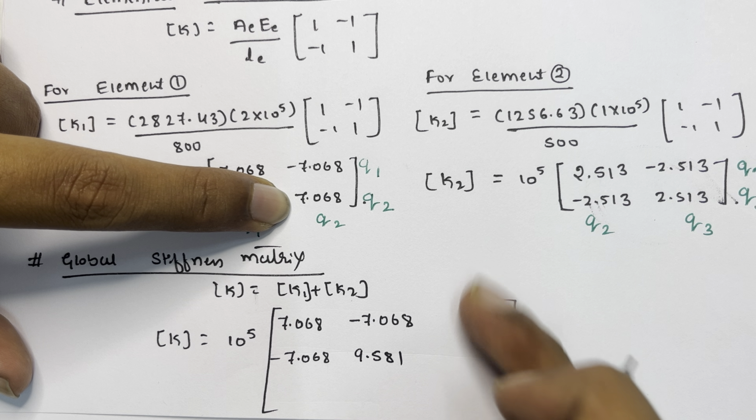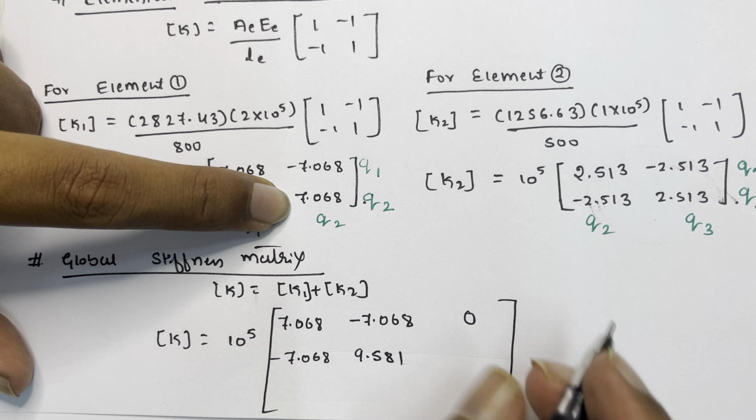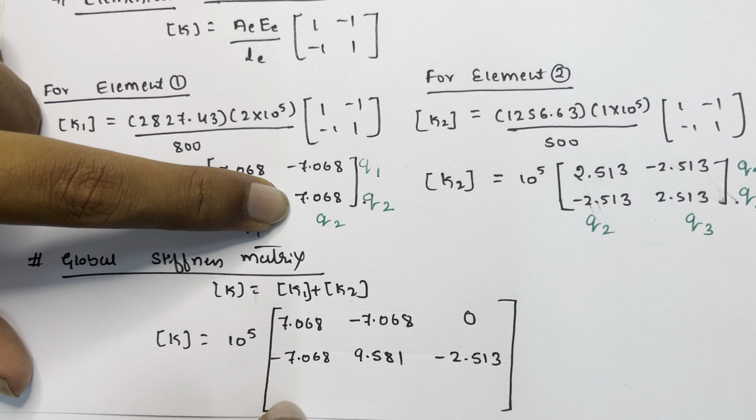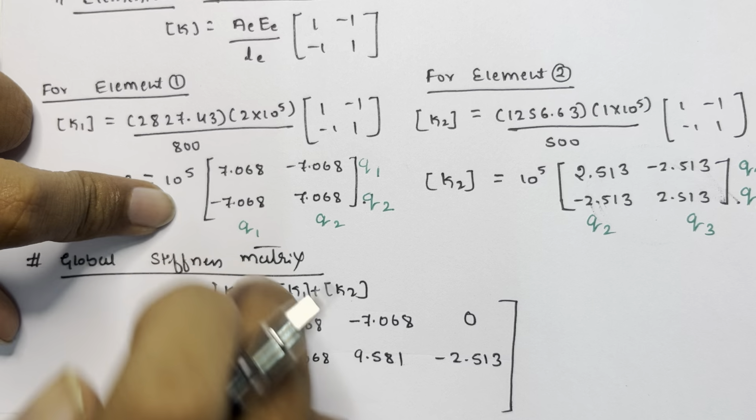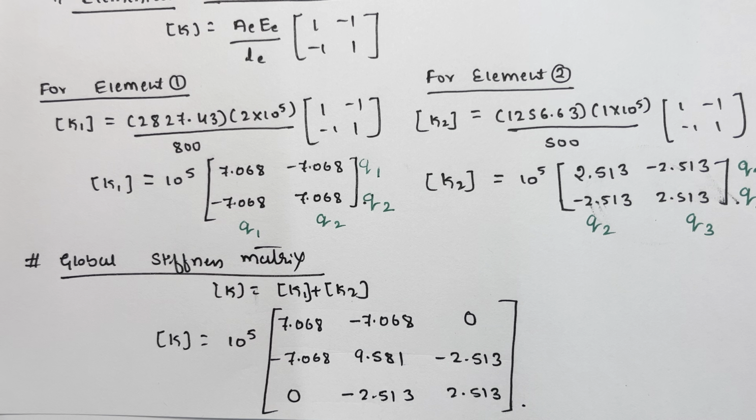And this is for Q3, column is related to Q3 and the row is related to Q2, so that is minus 2.513. And this one is Q1 and Q3 row. Here we don't have any Q3 in the Q1 row, so it is 0. Similarly, we get minus 2.513 and it is 2.513. This is the global stiffness matrix.